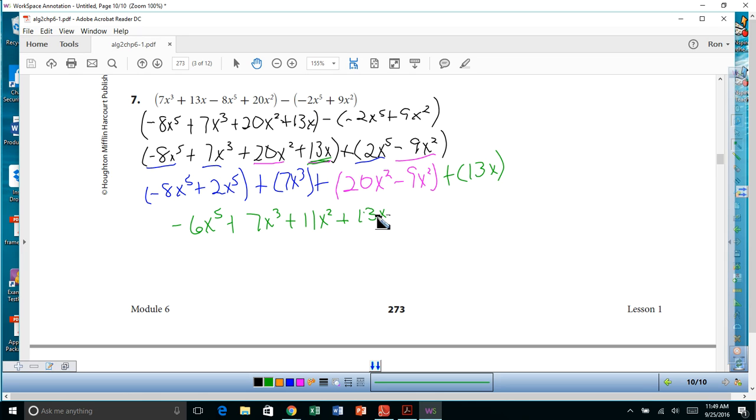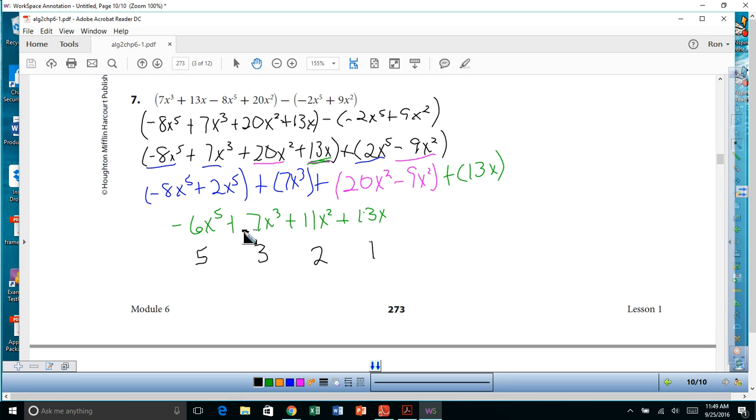All right. Now, before we move on, let's do a little review. What's the degree of negative 6x to the 5th? Well, the degree is 5. What's the degree of 7x to the 3rd? That's 3. What's the degree of 11x squared? That's 2. What's the degree of 13x? That's 1.